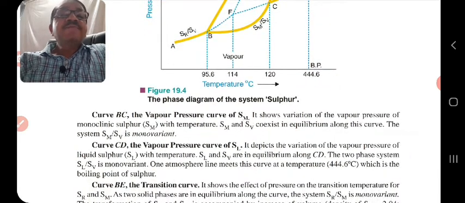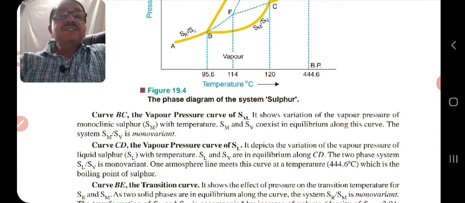Curve CD is nothing but the vapor pressure curve of liquid sulfur SL. It gives the variation of the vapor pressure of liquid sulfur SL with the temperature. SL and SV are in equilibrium along CD.